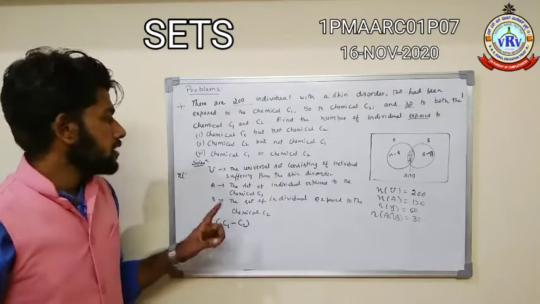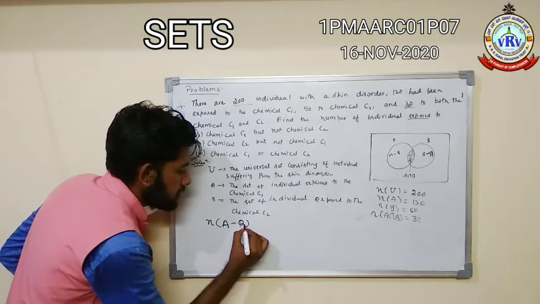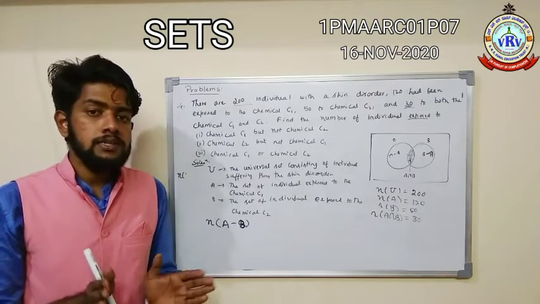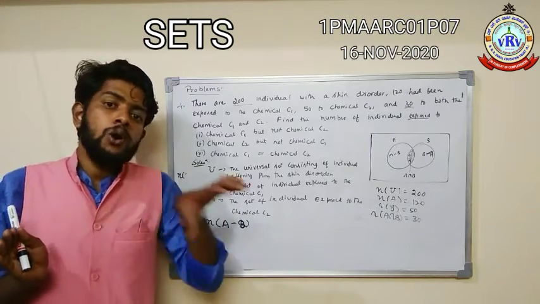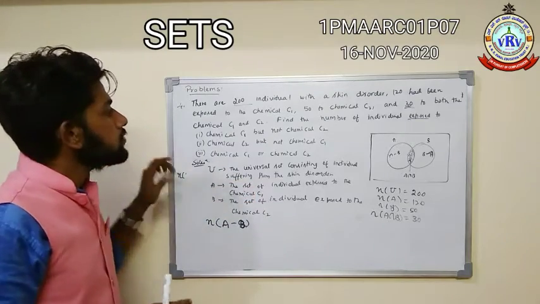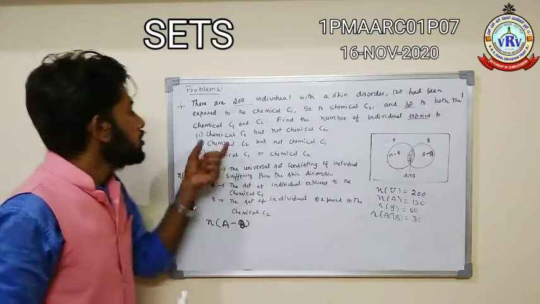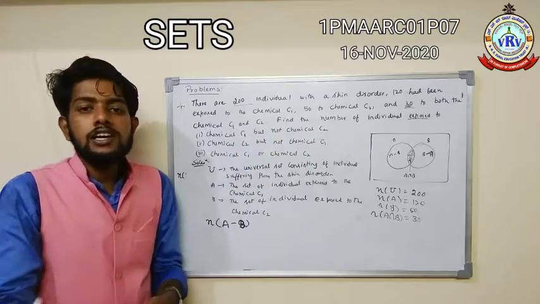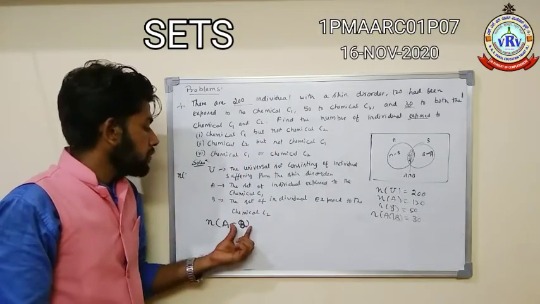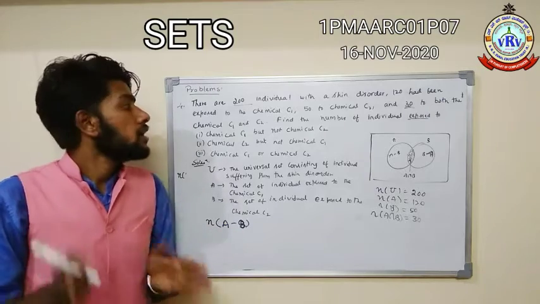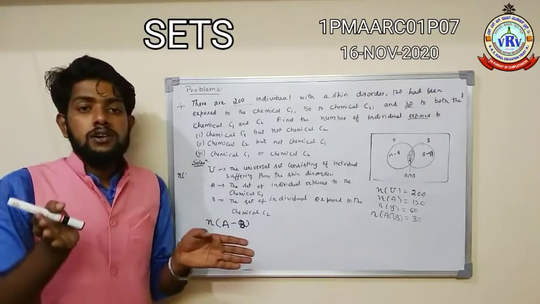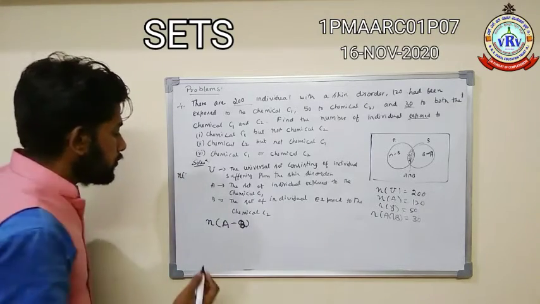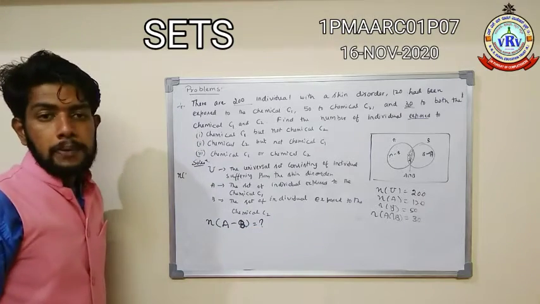If two sets A and B are there, the difference of two sets means the set of all elements in the set A but not in the set B, then it is A minus B. Here also we have to find the number of individuals exposed to the chemical C1, that means the number of elements in the set A but which are not exposed to the chemical C2. Therefore, we have to get N of A minus B.